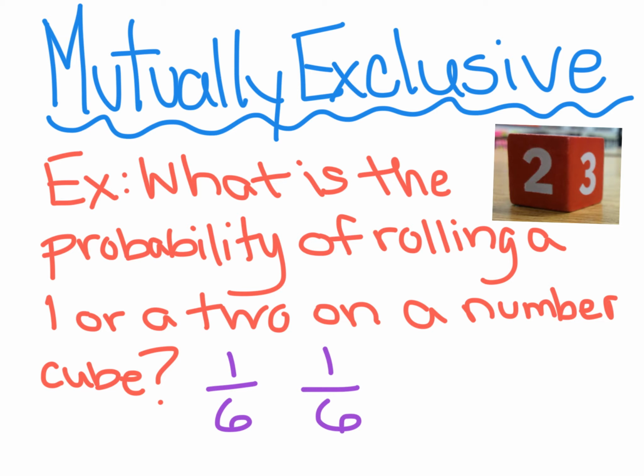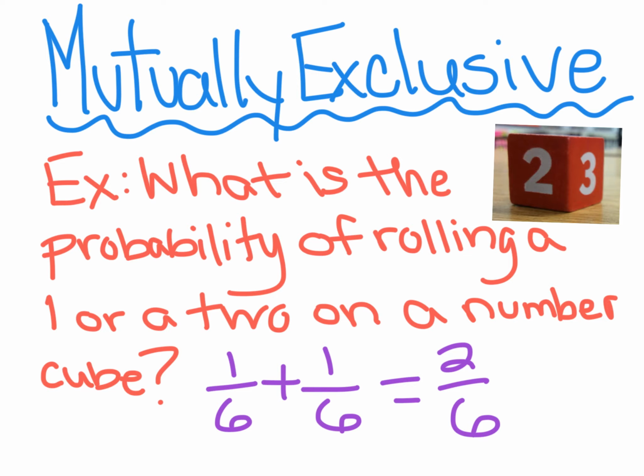And because we're talking about rolling this number cube one time, and there is one side that is a 1 and one side that is a 2, we would add these together. So 1/6 plus 1/6 would give us 2/6. And then we could reduce that fraction if we wanted to.